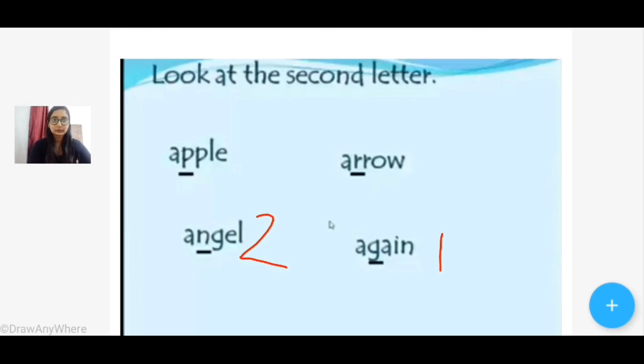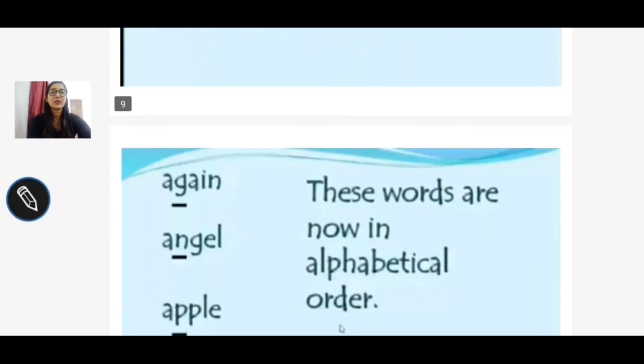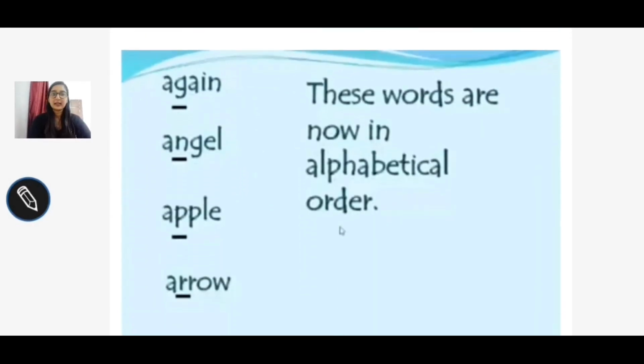O, P. We have P in apple. So apple will be 3 and arrow will be 4. So the answer which we got is again, angel, apple, arrow.